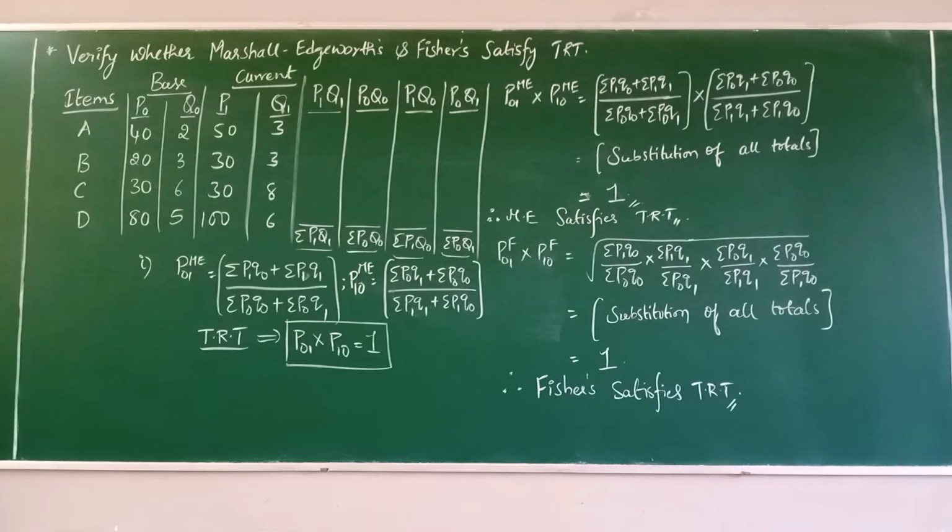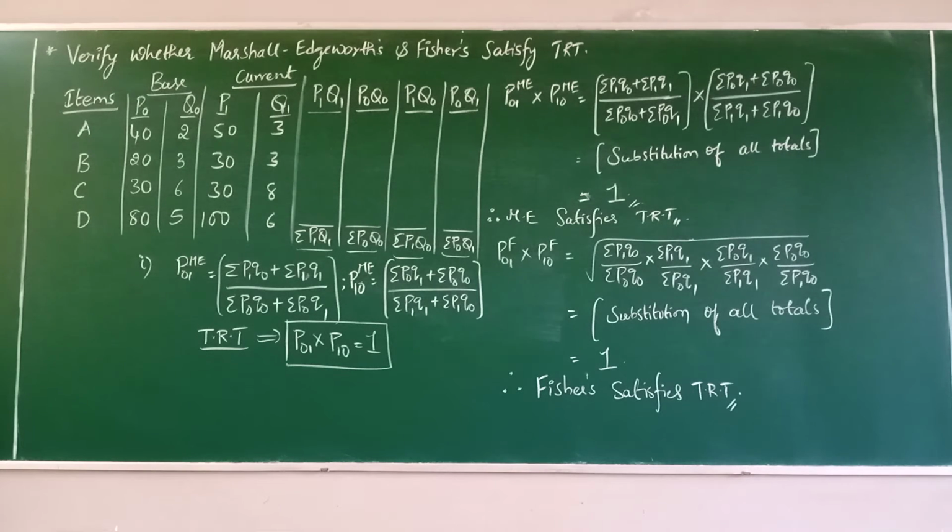Are you clear? Laspeyres, Paasche and Drobisch-Bowley do not satisfy any test. Only Marshall-Edgeworth and Fisher's satisfy TRT, and even Kelly satisfies TRT. And Fisher's alone is the one method that satisfies FRT, the factor reversal test. So remember that. This is the problem.